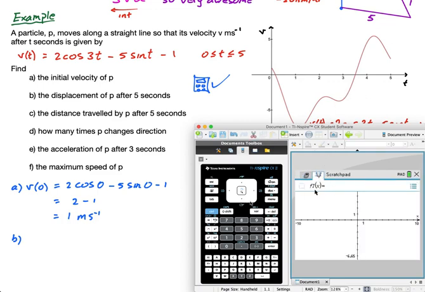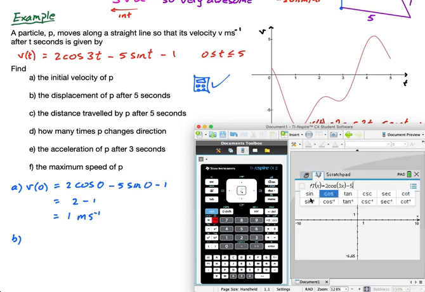So it's 2 cos of 3t, but I'm going to have to use x because this is my xy graph. So it's 2 cos of 3x, close my bracket. Minus 5 sine of x, minus 1.